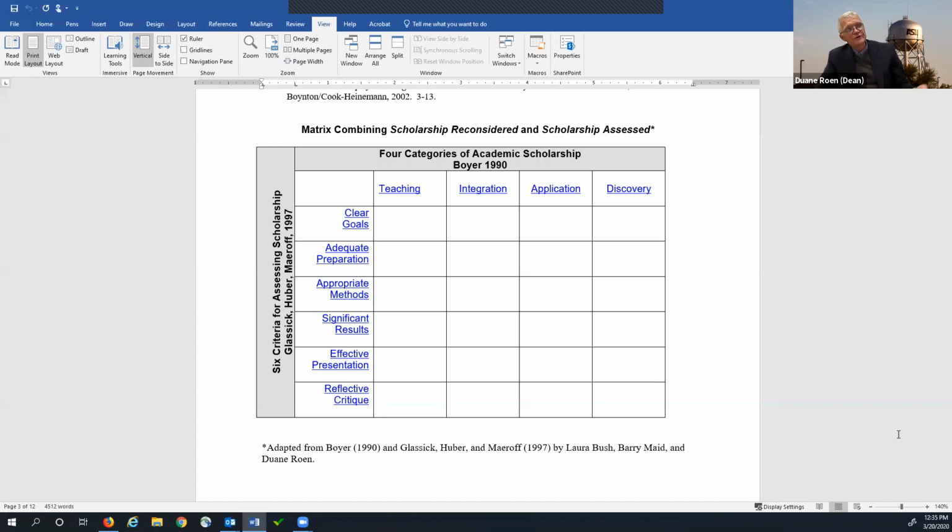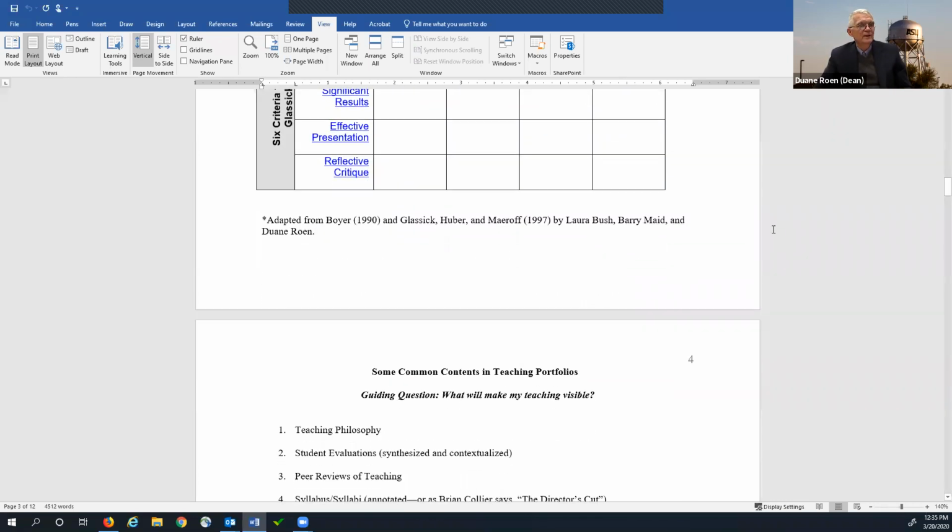And these are the 6 criteria that surfaced over and over and over again. I have written lots of articles, by the way, about these 6 criteria. And it's amazing how widely these 6 criteria can apply, not only to the work we do in the academy, but the work that we do out in the world outside of the academy. So I encourage you to play with that a little bit.